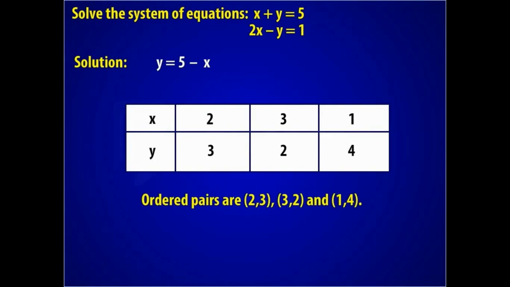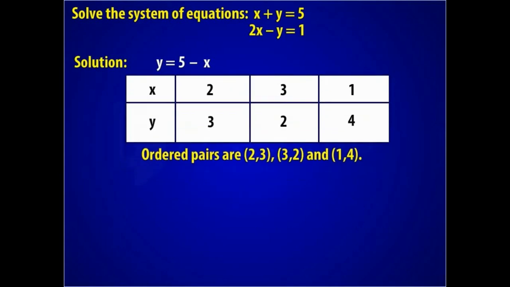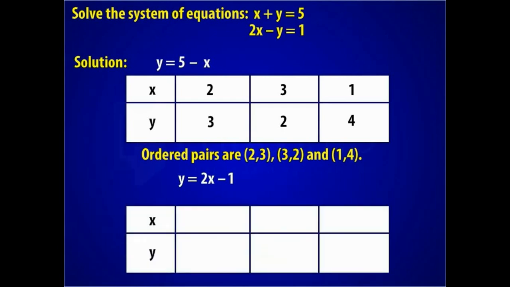Next, let us consider the equation 2x minus y equals 1. This implies y equals 2x minus 1. The truth table for the given equation is as follows. The ordered pairs are (1, 1), (2, 3) and (3, 5).